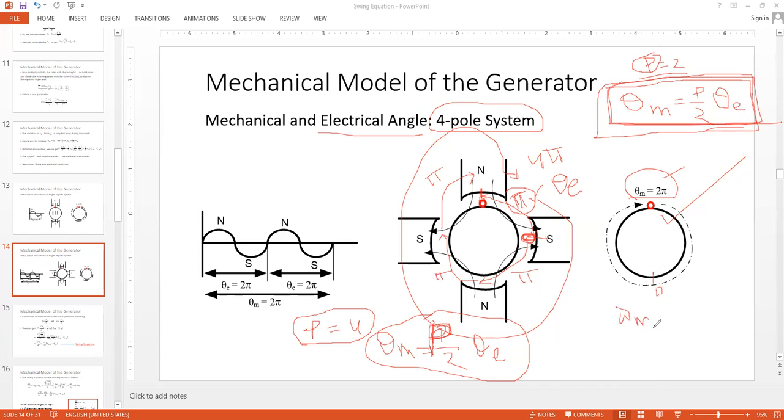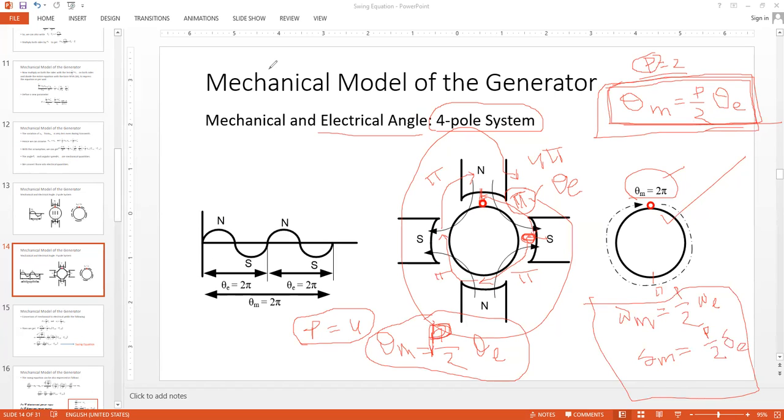Any question? A similar relationship could be found for omega and delta. Of course, you can continue with the number of poles. You can check this with, let's say, 6 poles and 8 poles and so on. You should come up to the same generalized conclusion. Any question?